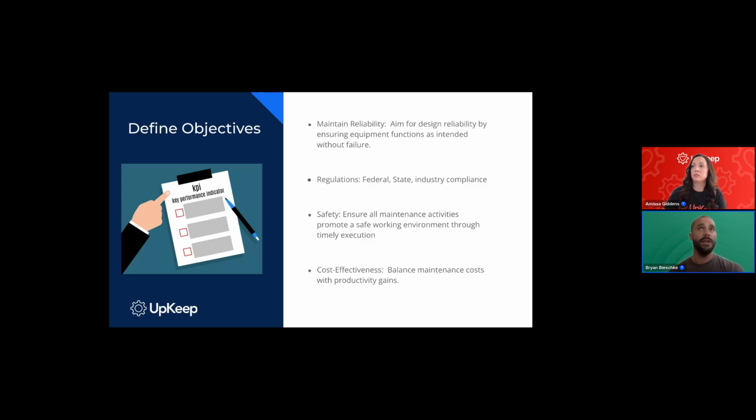And then safety. Maintenance activities promote a safe work environment, plain and simple. Either it's through reducing technicians' involvement with machines, which inherently reduces risk because maintenance is inherently dangerous, or by maintaining machines to their design standard.